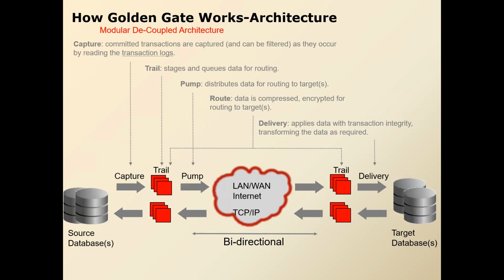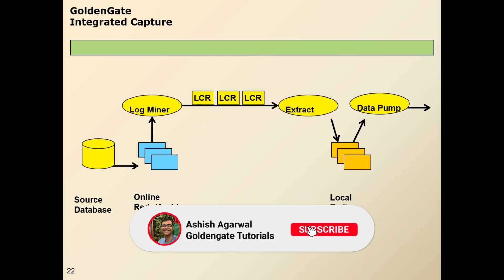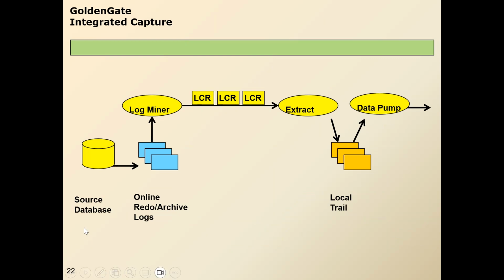Now, what is the difference between them? Let me tell you. In classic extract, the classic extract establishes connectivity with the source database directly. In case of integrated extract, whatever changes are happening on the source database are written into the transaction logs of the database.